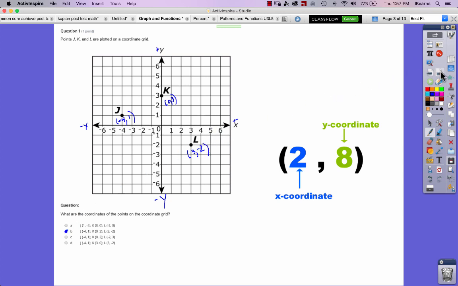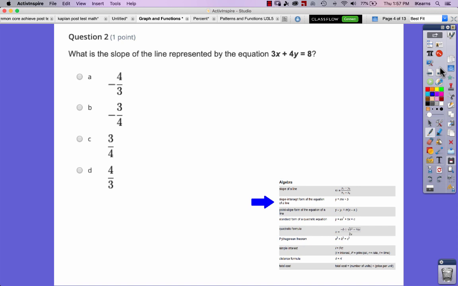Next question. What is the slope of a line represented by the equation 3x plus 4y equals 8? Again, this is a screenshot of the formula sheet. We need to have this equation in the slope-intercept form of an equation of a line. In other words, we need y all by itself.